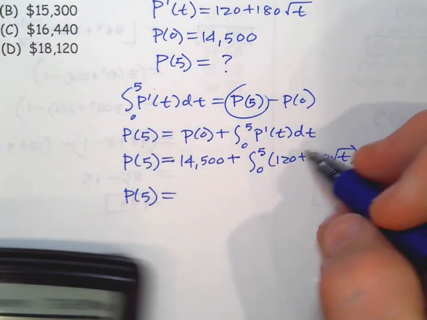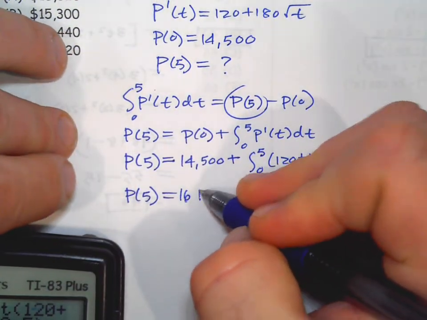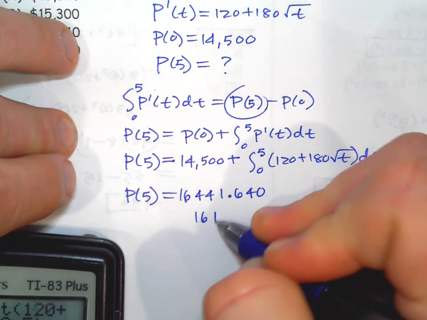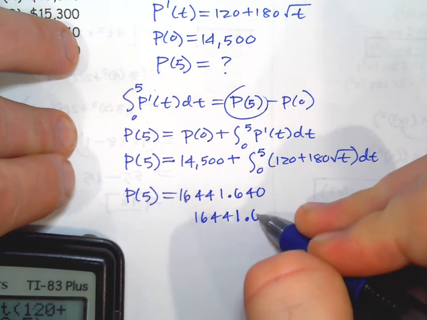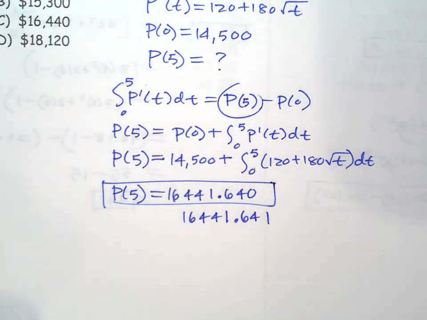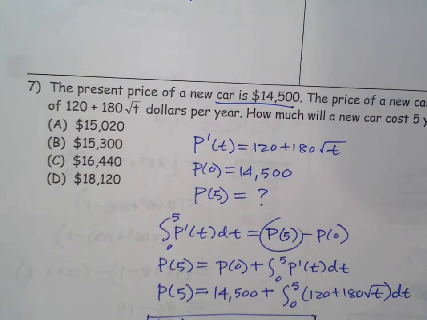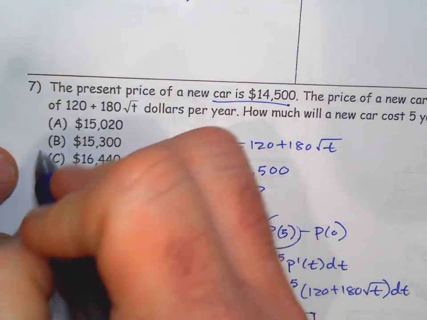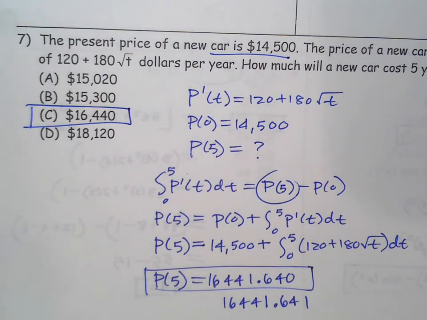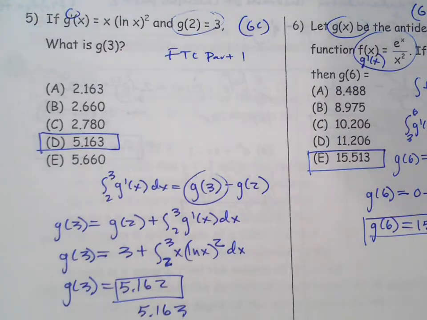And we get 16441.640 or 16441.641. Looks like we're just picking the closest dollar amount. And so I think we're going to go with C. All right, that's it. Hopefully you're good at fundamental theorem of calculus part 1 and 2 again.